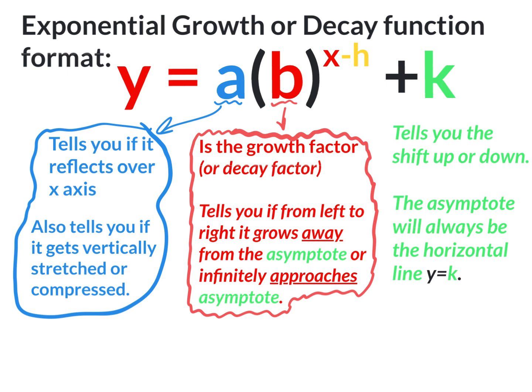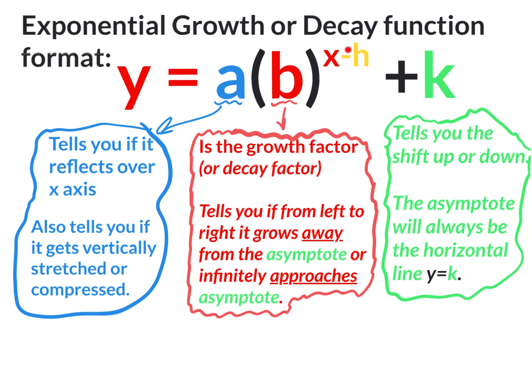And the equation of any horizontal line is y equals a number, and specifically, it'll be y equals that number k. So this k value is super important. It tells you if it shifts up or down, and it also tells you that asymptote equation y equals whatever that number k is.